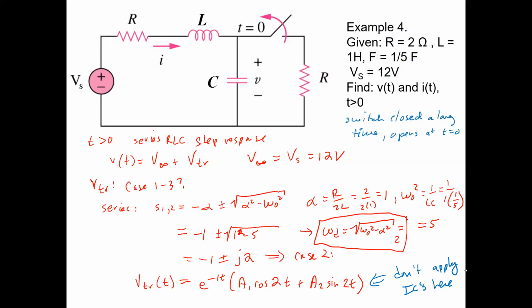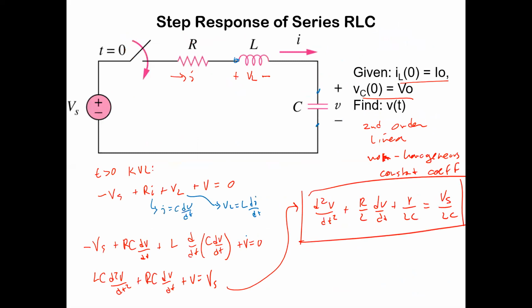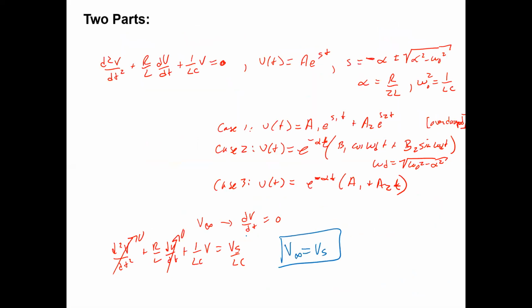Well, how do we know it's case 2? Case 1 is when alpha squared is greater than omega 0 squared, so that your roots are both real, right?